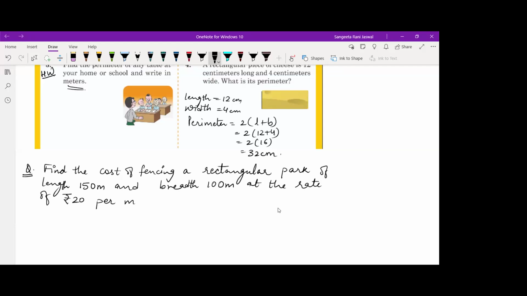Per meter means for 1 meter the cost of fencing is 20 rupees. So per means for 1 meter.